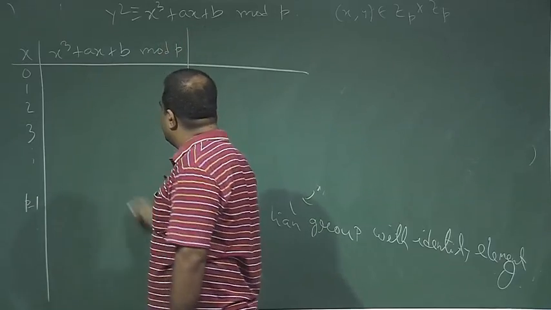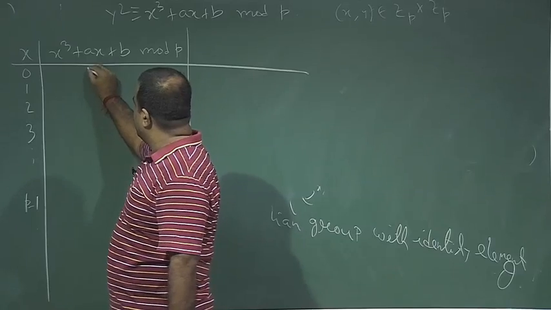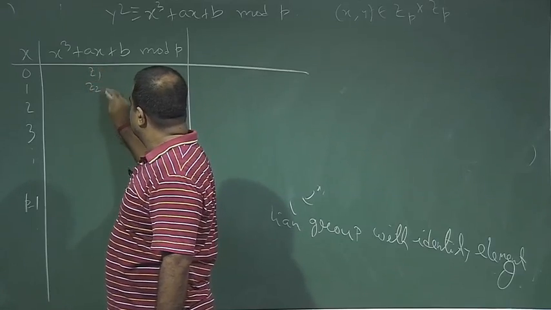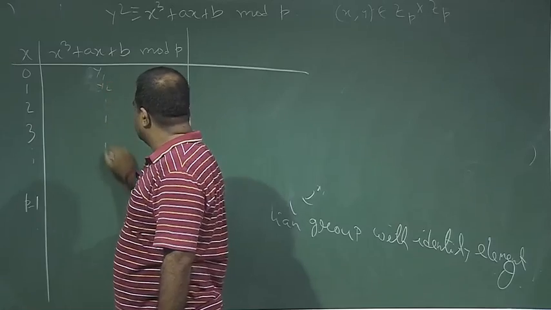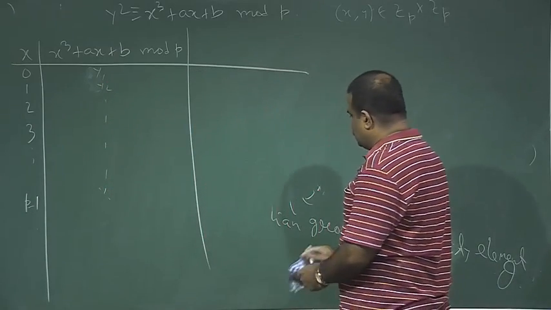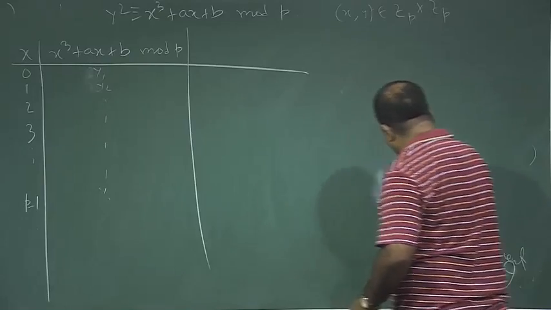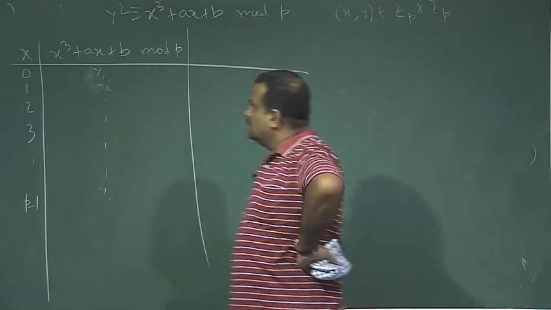We compute this value by putting these values of x, and we have values z1, z2, like these are the corresponding y² values. Now, the question is, we have to check whether this is a quadratic residue or not.